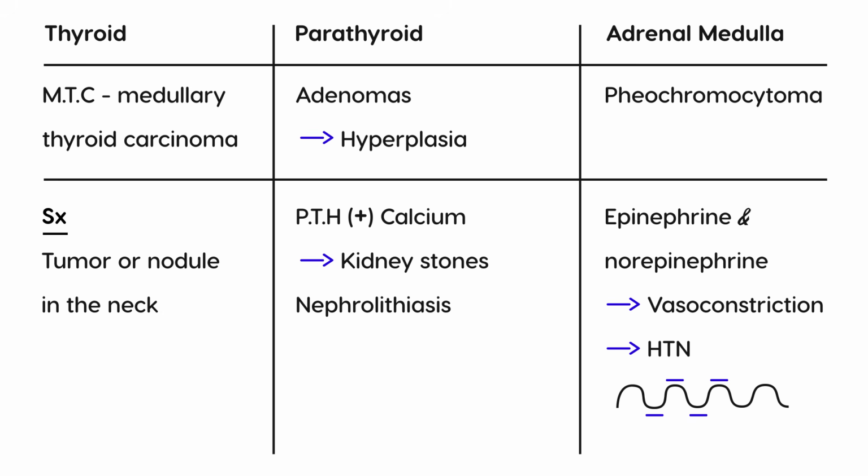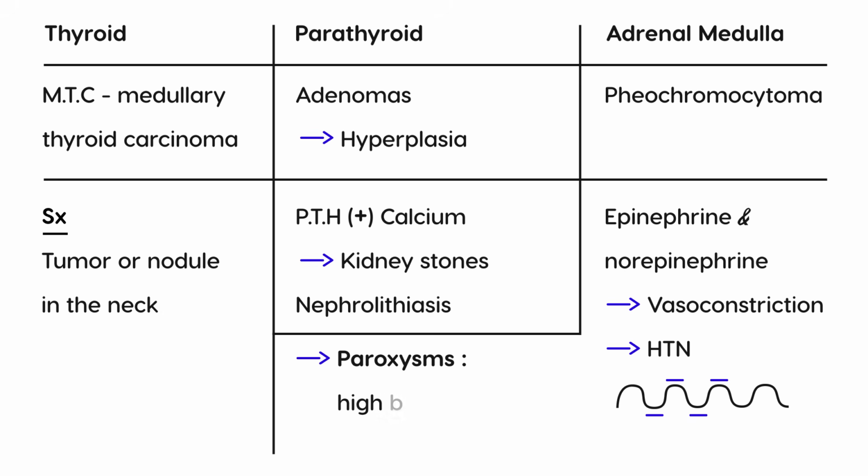These episodic bursts of catecholamines from the adrenal medulla are described as paroxysms. That's also reflected in the symptomatology. You get paroxysms of high blood pressure and paroxysms of other symptoms related to pheochromocytoma, which include anxiety, headaches, palpitations, and also sweating. As you can tell, these are all strong sympathetic nervous system responses.